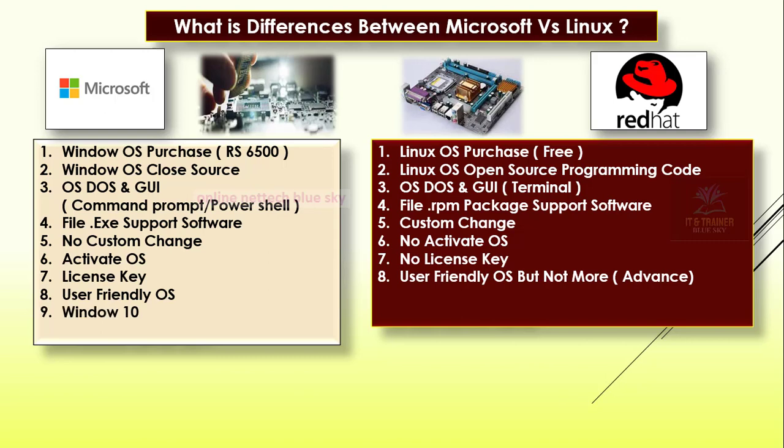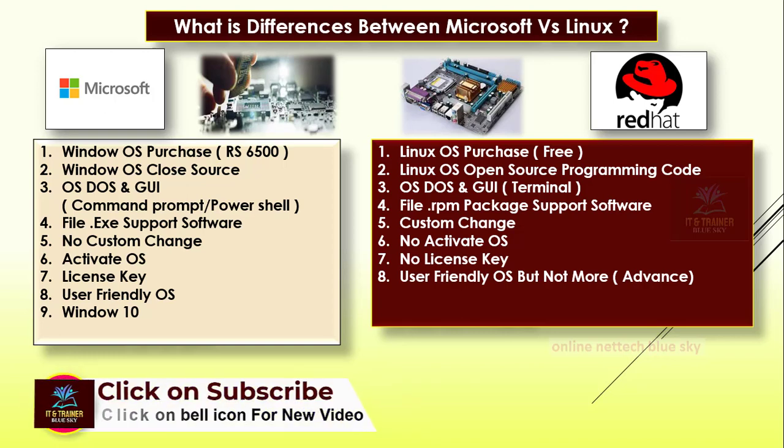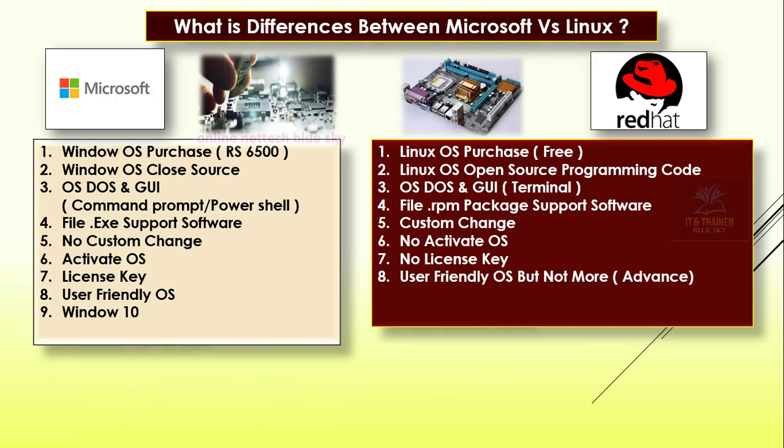Okay, next is Windows 10. You can see this is the latest technology. Okay, so friend, you can see here Windows 10 is the latest technology from the Microsoft company, the latest operating system of Microsoft, and every Microsoft-related feature is available in Windows 10.